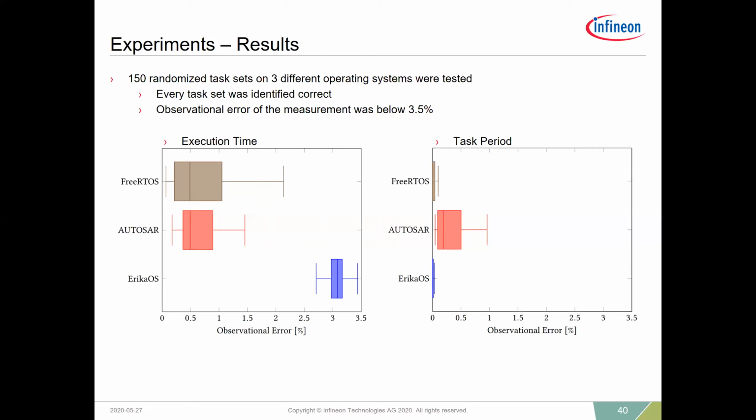The observational error for the period, and for the execution time on the left, looks a bit confusing because Erika OS in this case is way worse than the other two systems, but we also found out why this is the case, and we discussed this in detail in the paper.